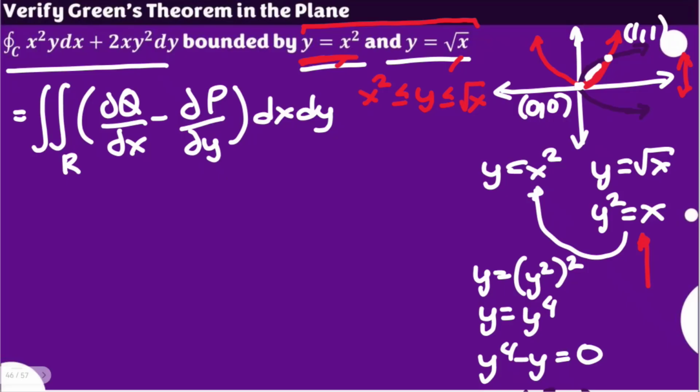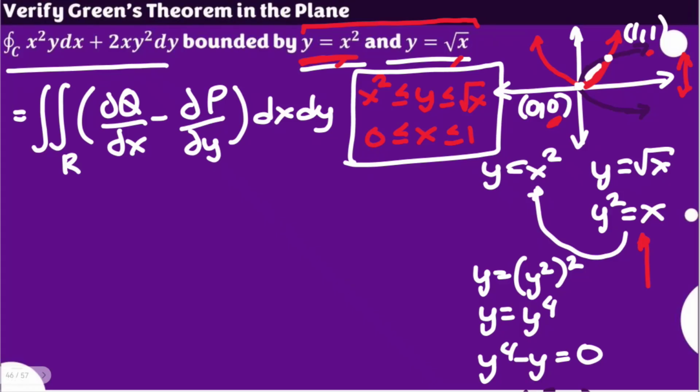It's not 0 to 1, even if the value for y is 0 to 1, because that is the indication that our region is no longer a rectangle. It's a curve. But as for x, it's very obvious: it's just 0 to 1. This means that our region, bounded by these two curves, is simple horizontally. So our x is very specific, 0 to 1. As for our y, it is expressed as x squared to square root of x, depending on the value you're going to try for x.